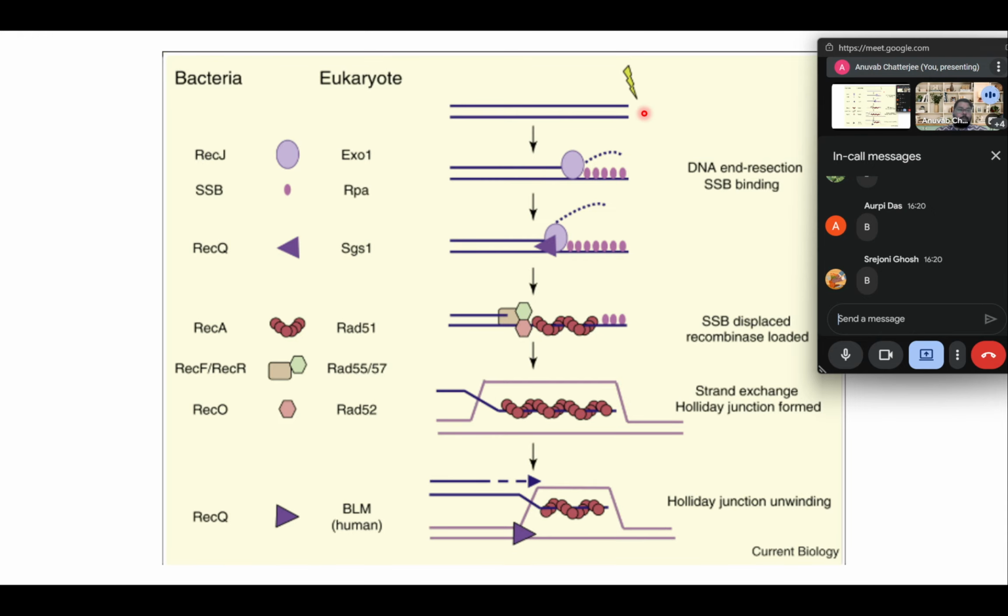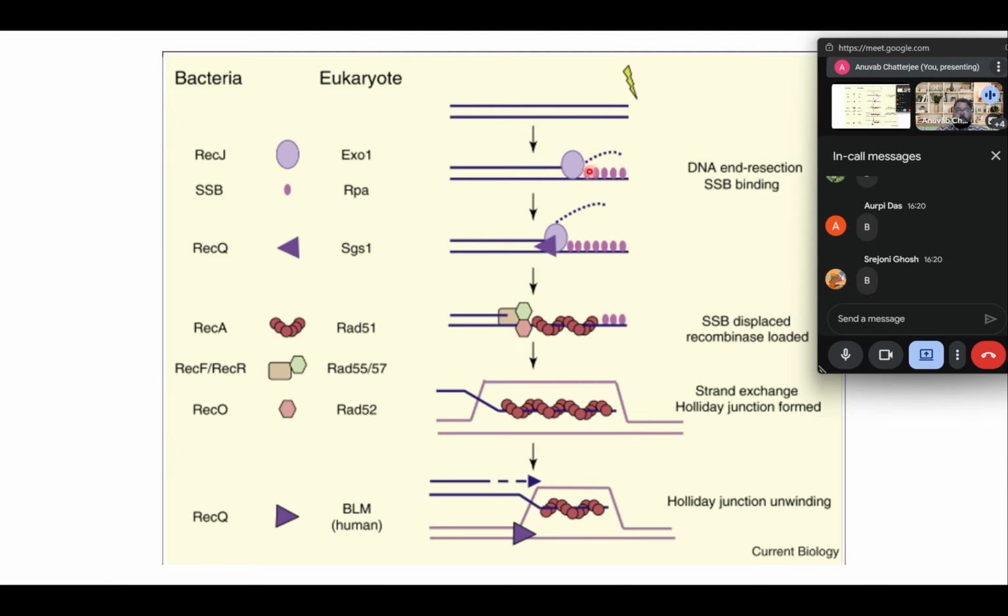So say you have eukaryotic double-stranded DNA, and the pathway is named differently in bacteria and eukaryotes, but overall it functions very similarly. These are the partner enzymes in bacteria and eukaryotes. So say you have some kind of radiation or mutation or chemical agent that causes a break in the DNA. So this part of the DNA is disrupted.